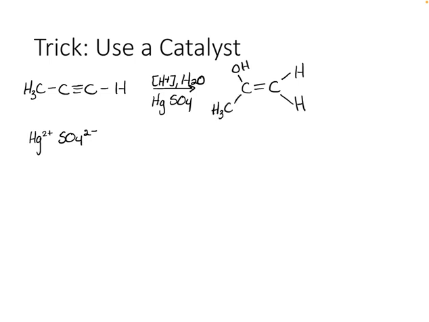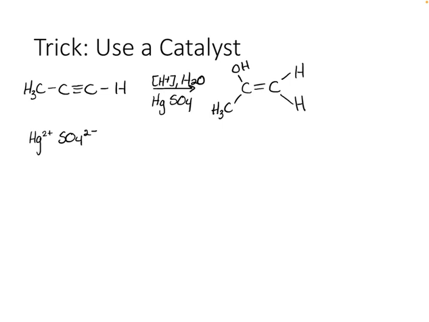So again, this goes through a very similar mechanism to oxymercuration demercuration, and your textbook walks through that whole mechanism. It's on page 417. But you don't necessarily have to know that mechanism for now.